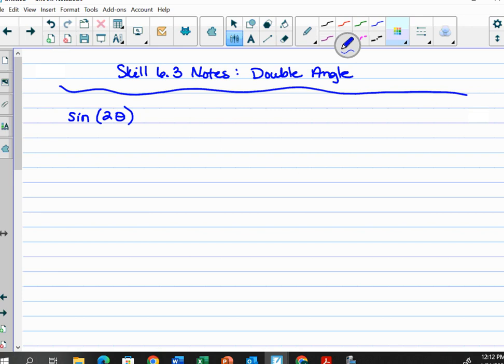That's the first formula we're going to find. So theta times 2, that's why this is called the double angle formula, because you doubled the angle. Very tricky name. All right, would you agree sine of 2 theta is the same as sine of theta plus theta? Theta plus theta means 2 theta, right?